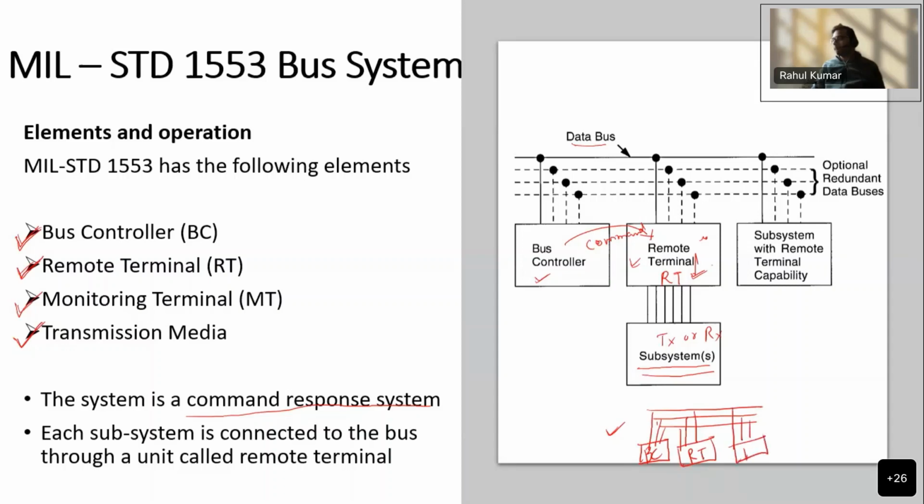Okay. So the information from your bus controller is transmitted to all the remote terminals. This is called broadcasting. Okay. So the transmitted information will be available to all the remote terminals which are connected on the data bus.